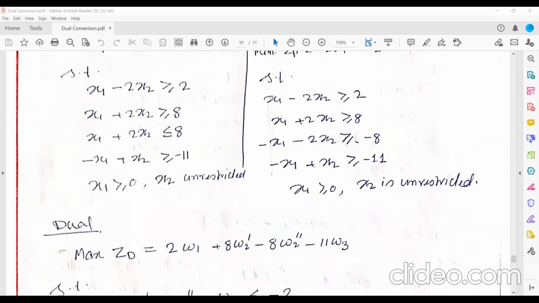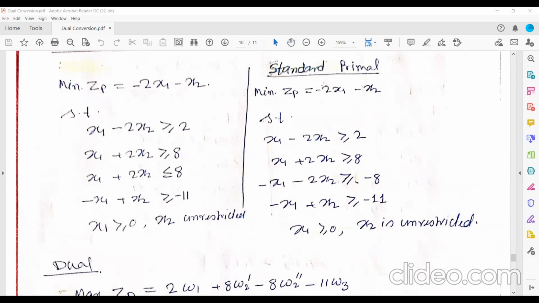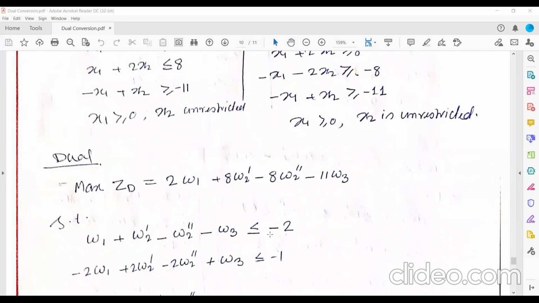The constraint coefficients you need to take here. So w1, and from this w2 dash minus w2 double dash minus w3, and less than or equal to the coefficient of x1, which is minus 2. So less than or equal to minus 2.